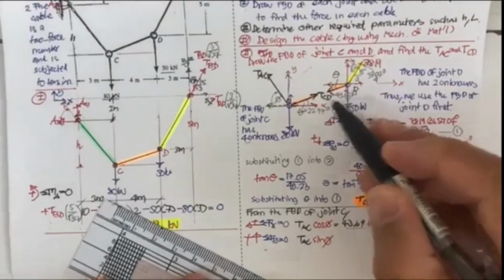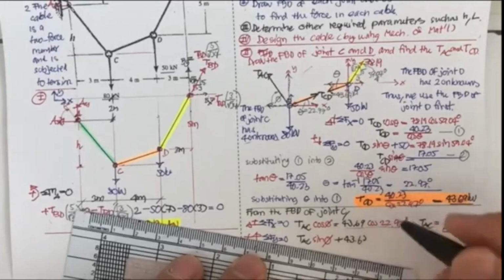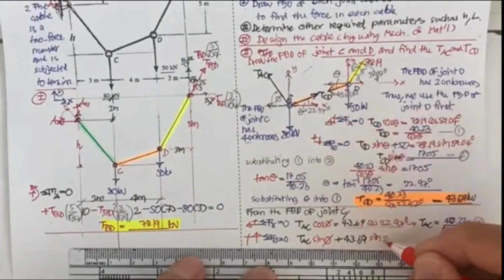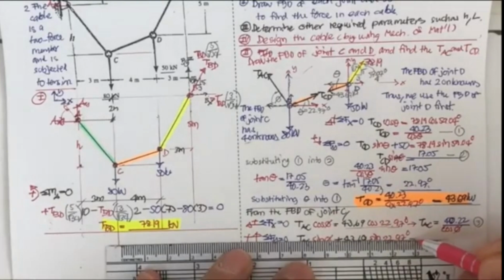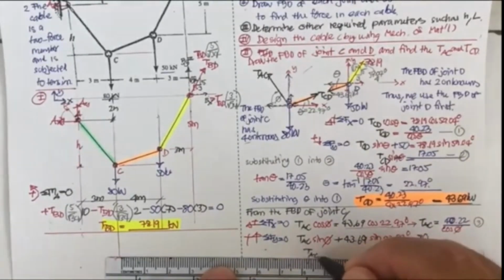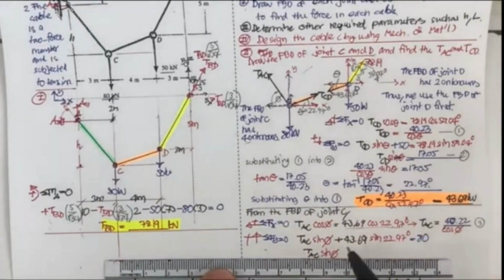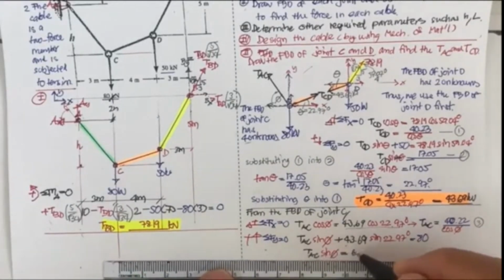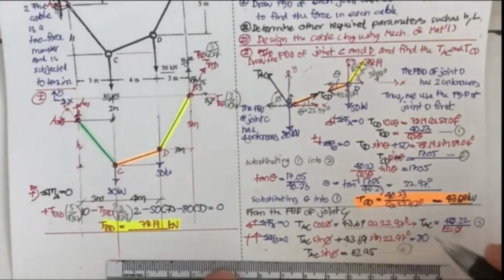This is 43.69 sine 22.97 degrees, and it's going to equal 80. Again, you may write this one T sub AC sine phi, and then you just move this one to minus 80, and then you will get 62.95, and it's going to be equation number 4.